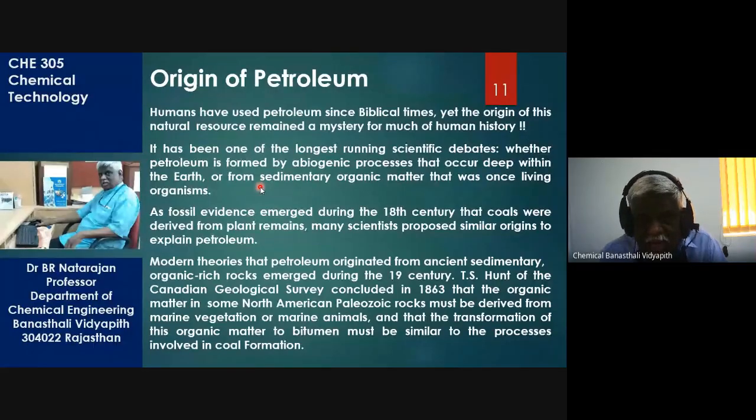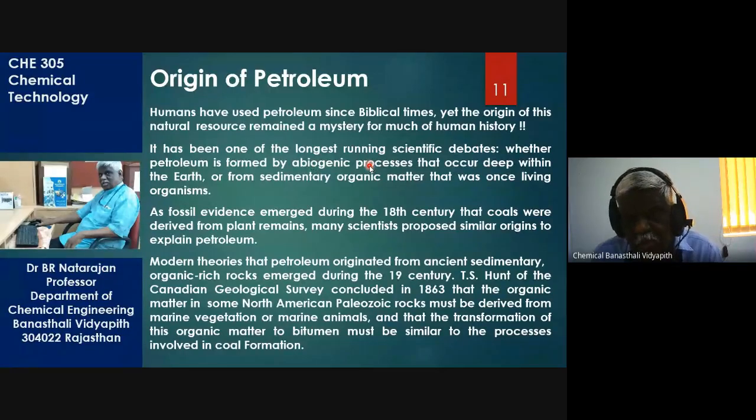So similarly, in this also, you have a controversy, but there is more reason to believe that the second one, the biogenic process, is responsible for the formation and is more accepted than abiogenic. But please do not rule out abiogenic.